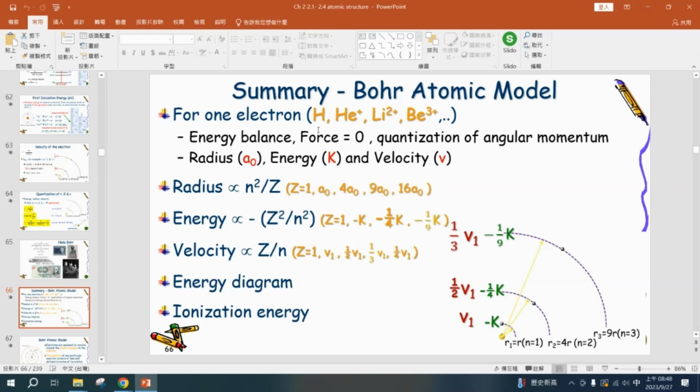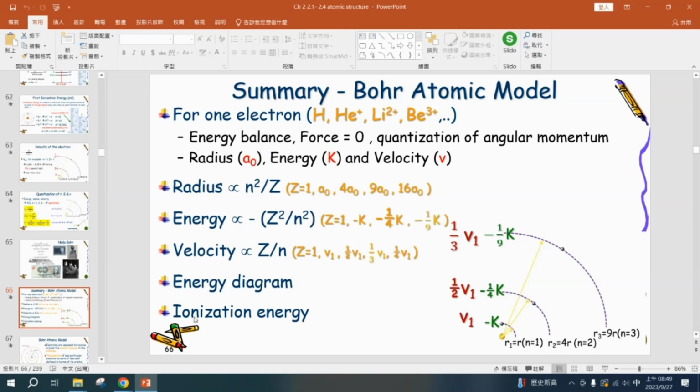No matter how many protons and neutrons are in the nucleus, you only allow one electron in the model, so that you can get equations according to this model. This is also the simplest model to start to develop the atomic model. And later on, we will introduce more complicated models for you.